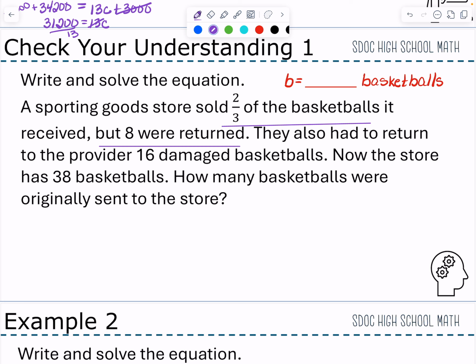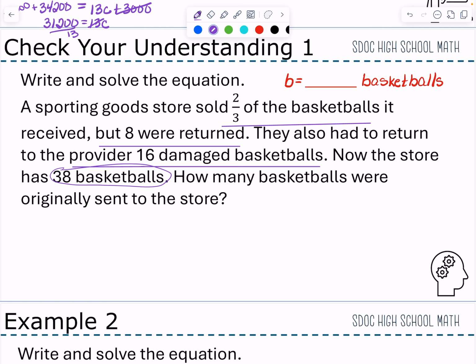They also had to return to the provider 16 damaged basketballs. Now the store has 38 basketballs. That's our total. How many basketballs were originally sent to the store?